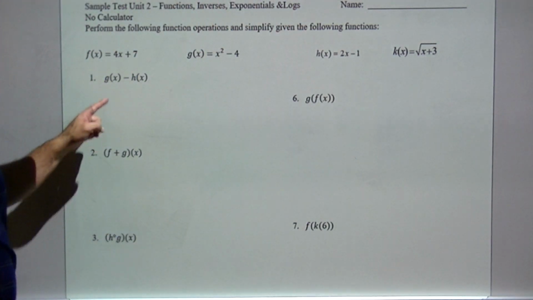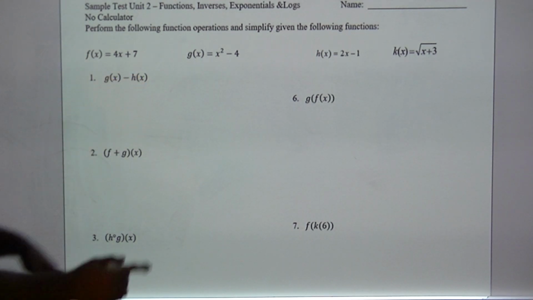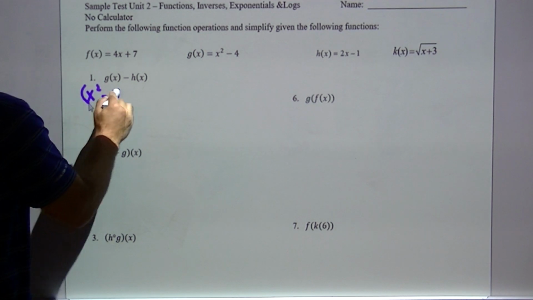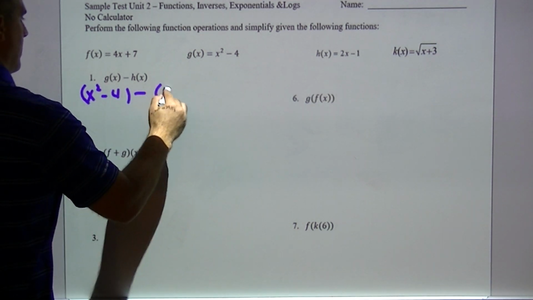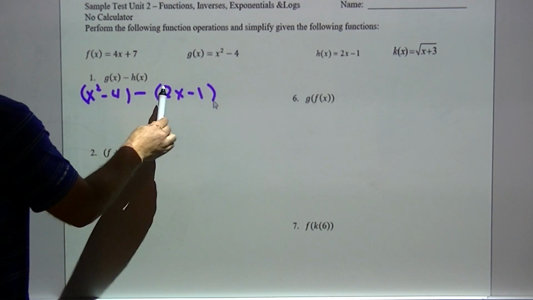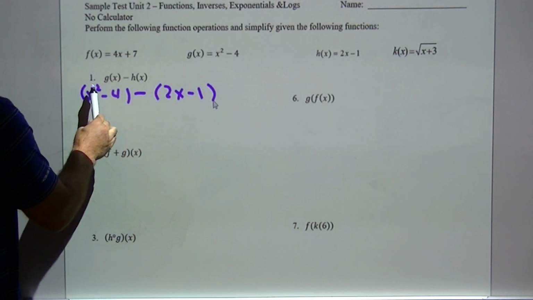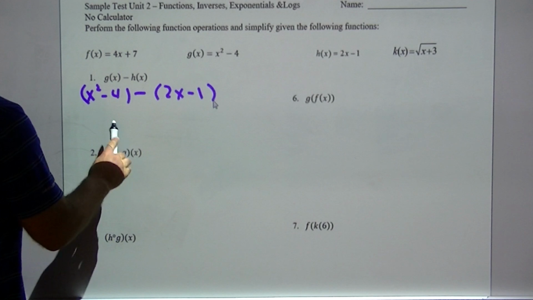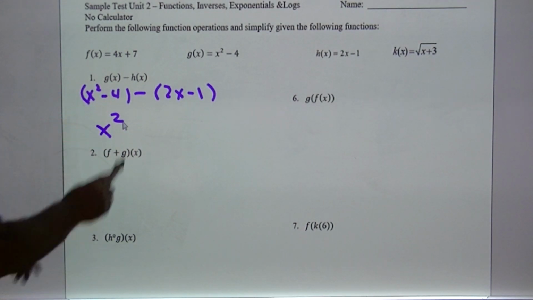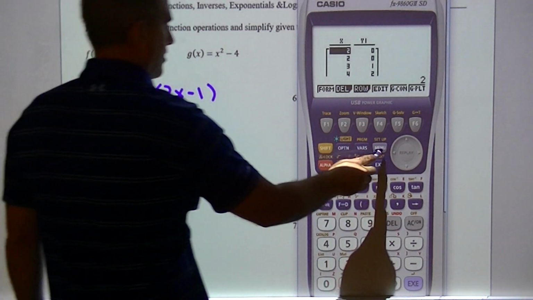Okay, all right. So g of x minus h of x. So that's going to be x squared minus 4 minus (2x minus 1). The way you handle this is you combine like terms. So x squared, no other x squared, would just be x squared.